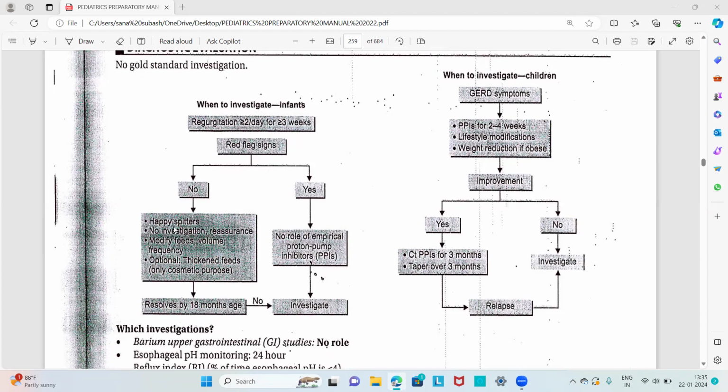No investigation should be done, and reassurance should be given. Modify feed volume and frequency, and thickened feeds are optional, only for cosmetic purposes. It resolves by 18 months of age. And if this regurgitation does not resolve, we have to investigate the patient further.